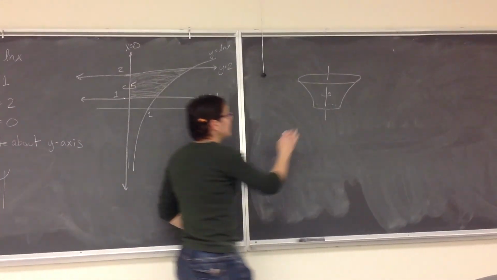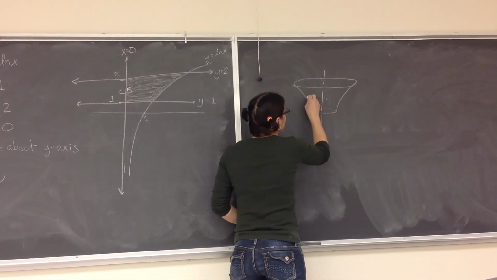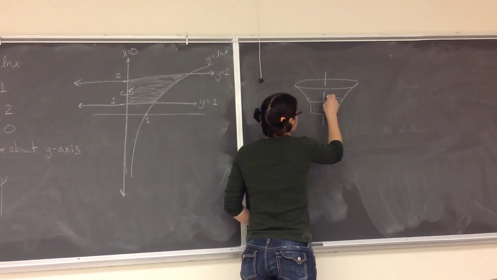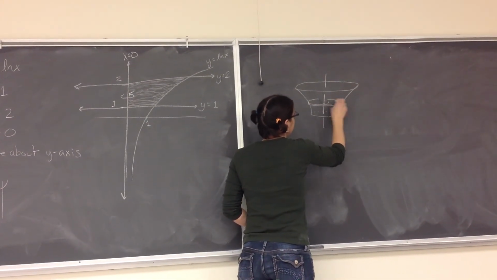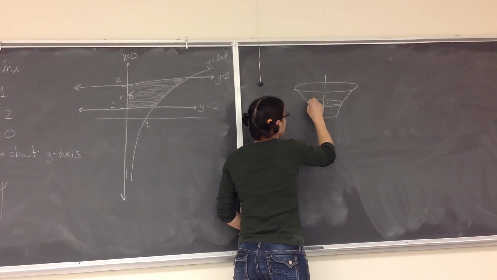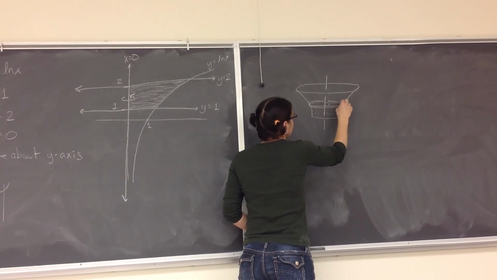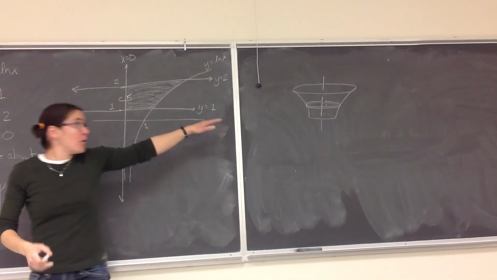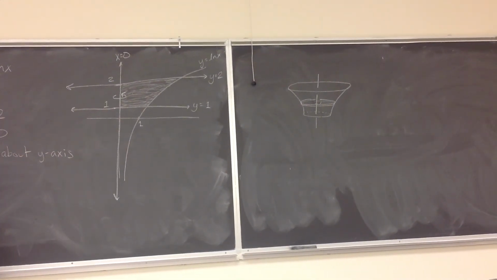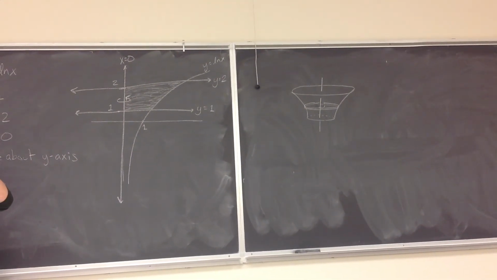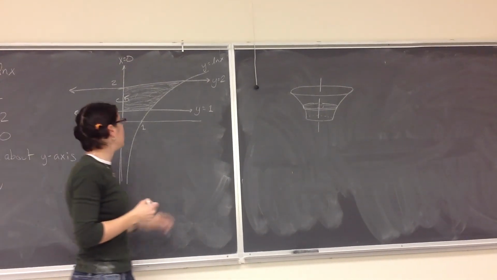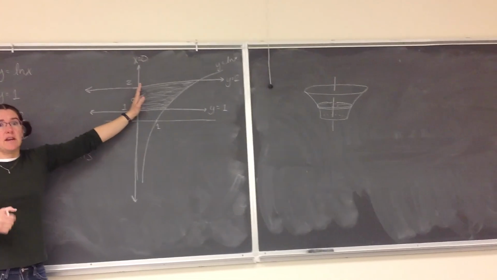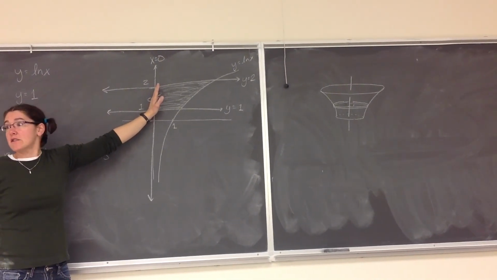And so one slice is going to look something like this. Now on the board that looks like a ring, just a ring, but it's a solid disc. I drew on the edges of that solid disc, but we have a solid disc. There is no hole in the middle because our region goes right up to and hits our axis of rotation.